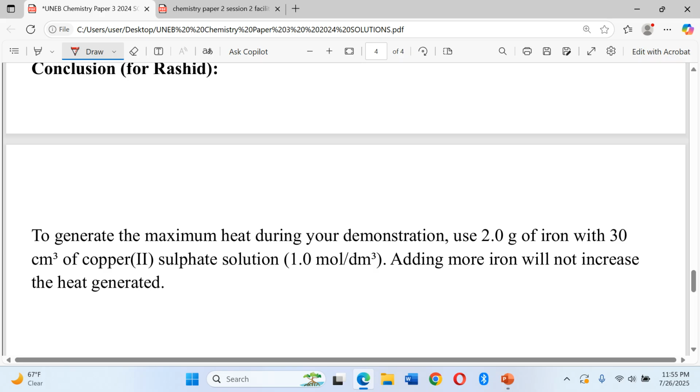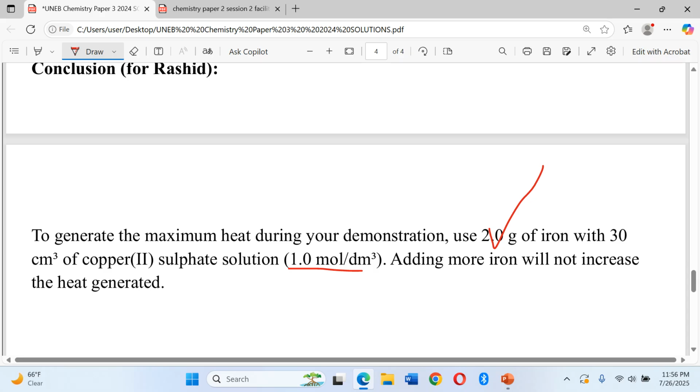In simple terms, if you have 30 cubic centimeters of copper(II) sulfate of this concentration, are you there? And you add more than these grams, you're just wasting resources, because only 2 grams are enough to produce the maximum heat required. I think doing this experiment was very important to help Rashid.